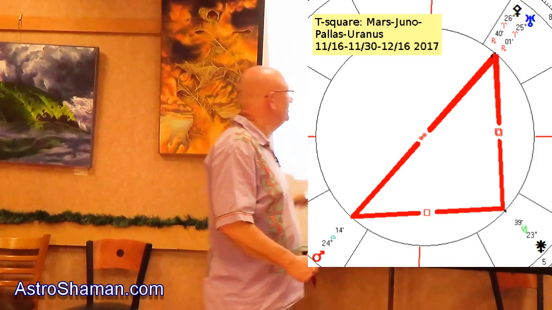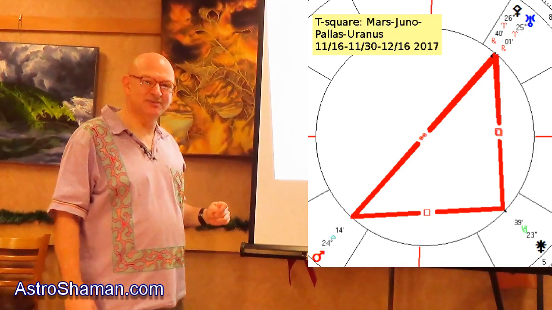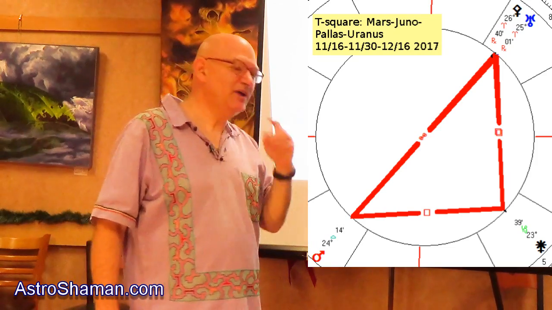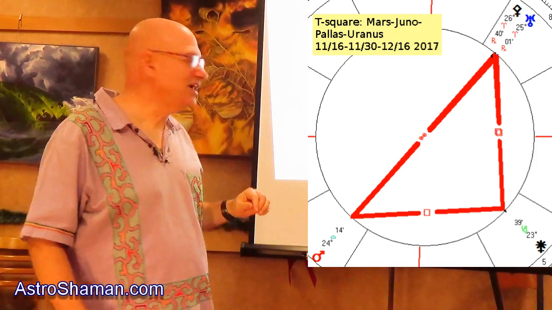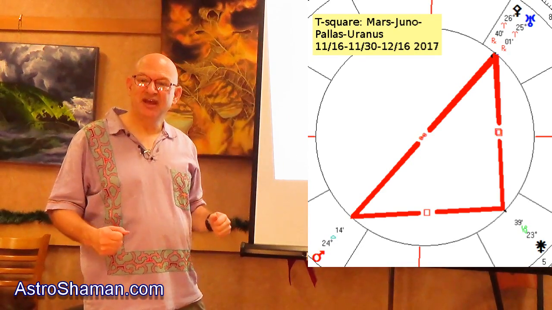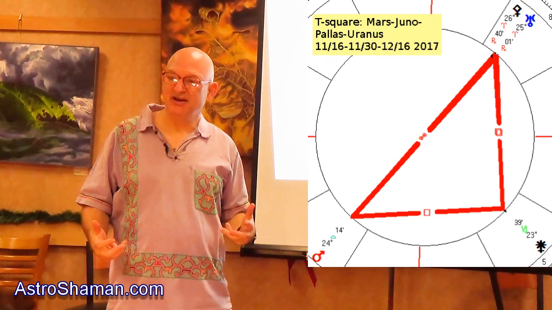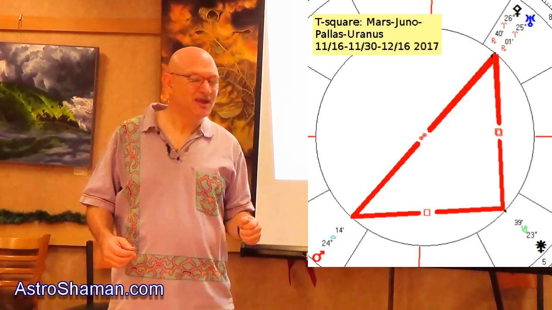Pallas Athena in the mix, I don't believe I've talked about her yet. She's the fourth. I use the four primary asteroid goddesses. Pallas Athena is the warrior goddess, and at the base level, she's feminine assertiveness, and she can kick butt if she has to.